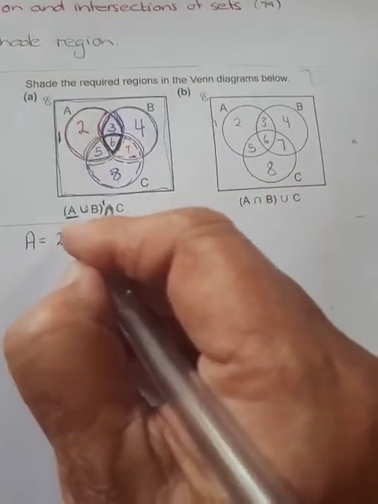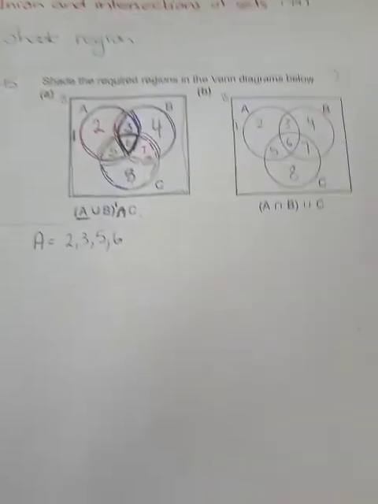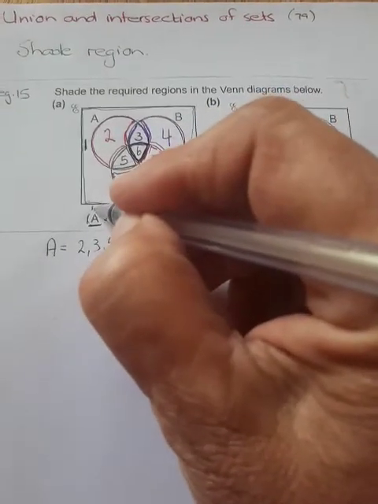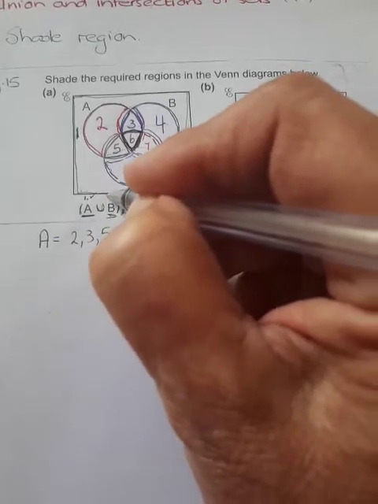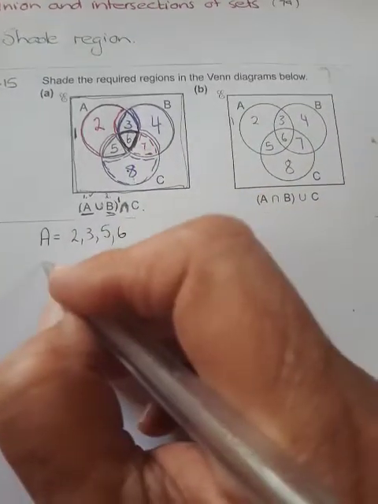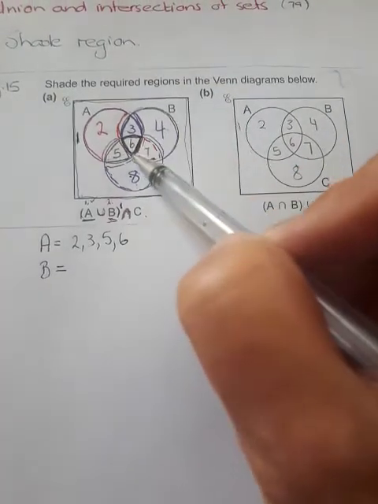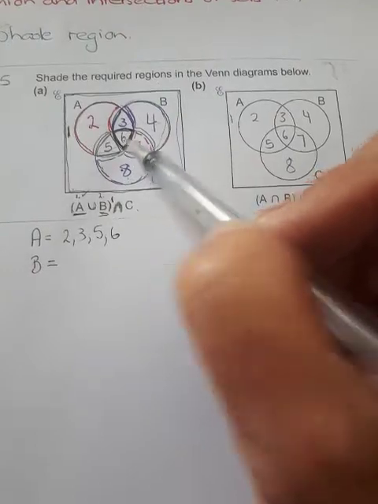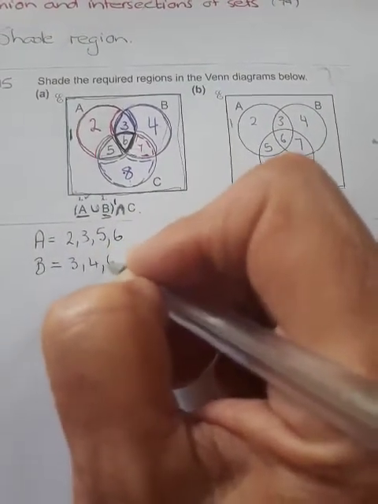Write down the regions for A: 2, 3, 5 and 6. That's the first set done. Now let's go to the second set, which is B. B is 3, 4, 6 and 7.